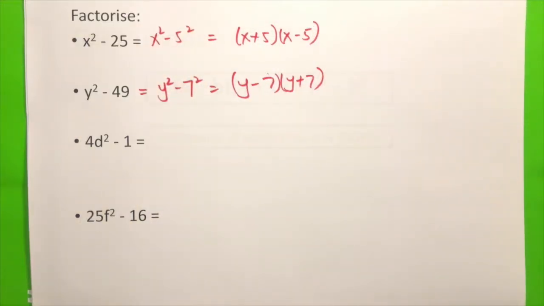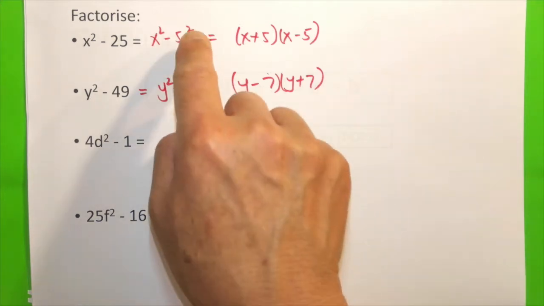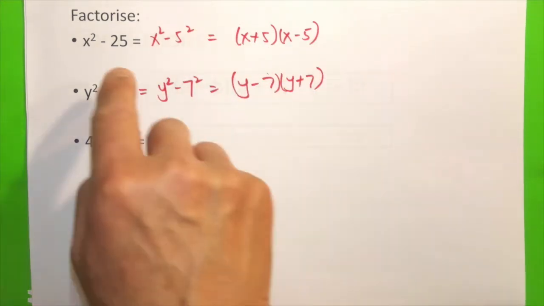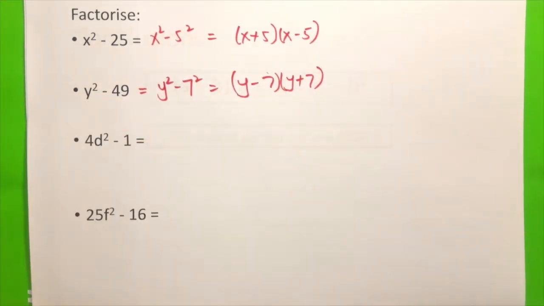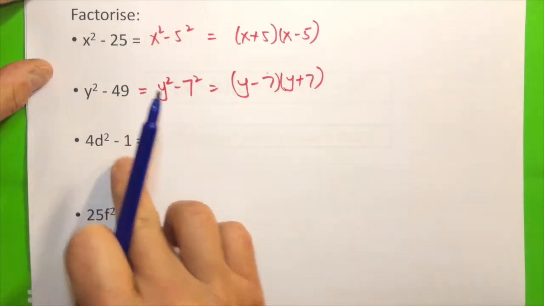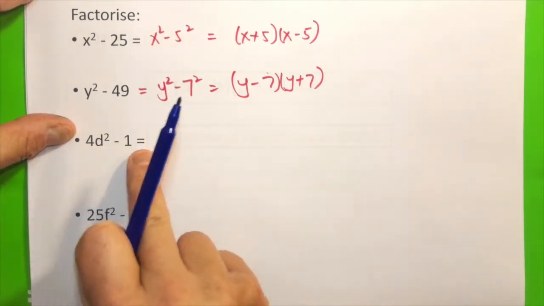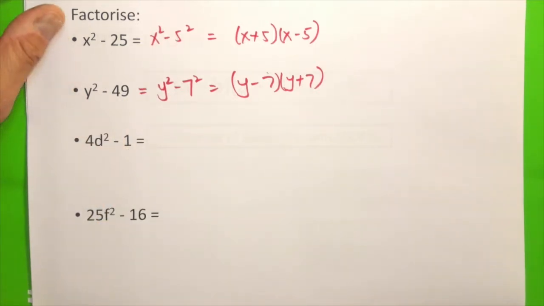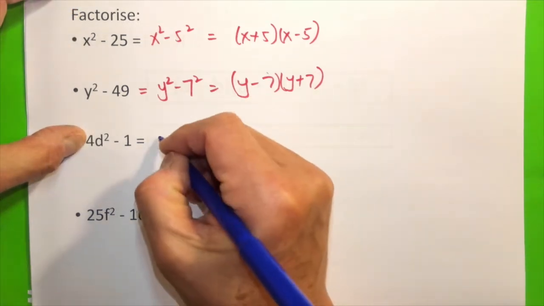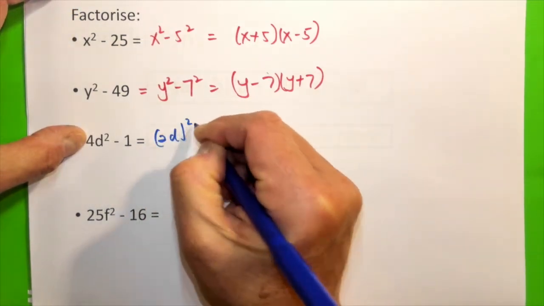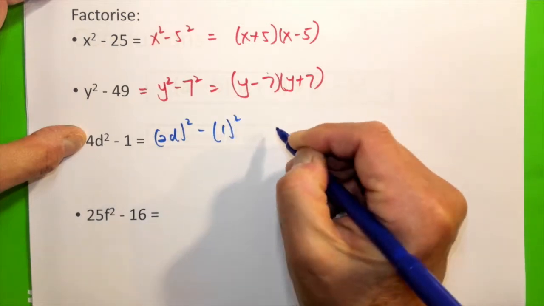Now, I'll give you a couple of minutes. Pause the video, expand those and see whether you can get the answer out. Alright, enough time. Let's go back to two more examples. This one here, 4d squared minus 1. In fact, this is (2d) squared minus 1 squared.